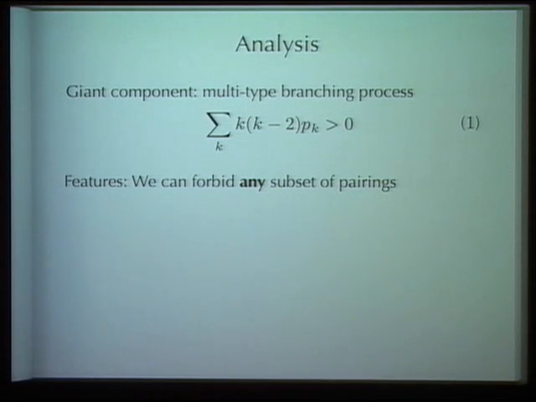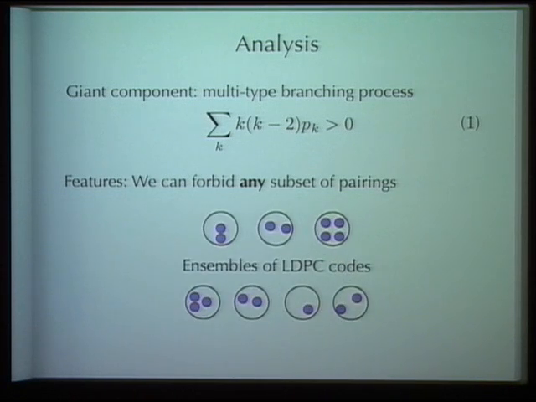You cannot have those. This way, you can pick, for example, bipartite graphs that have a specified degree sequence on the left and a specified degree sequence on the right. And that's exactly how you get ensembles of low-density parity check codes.